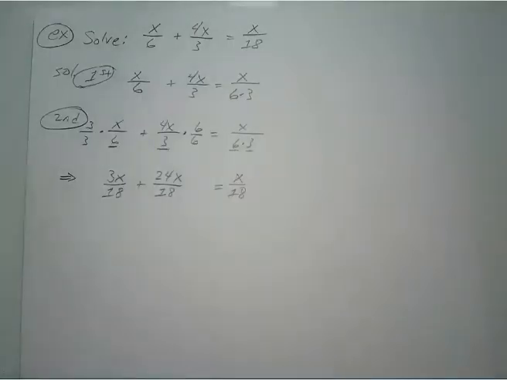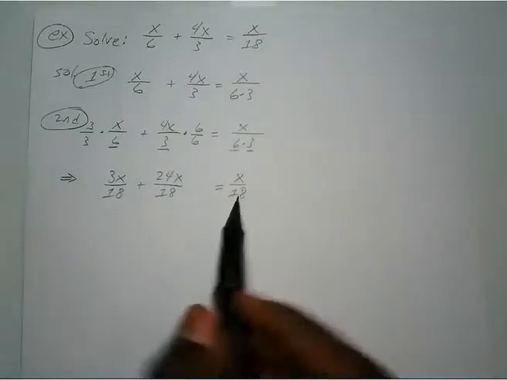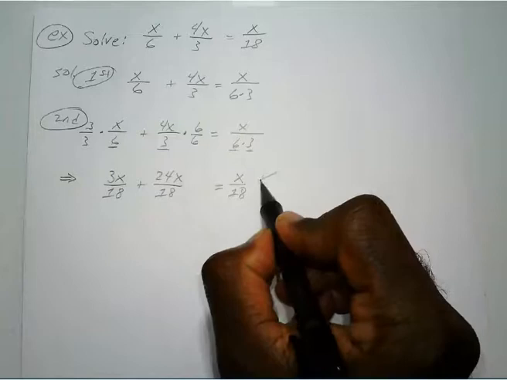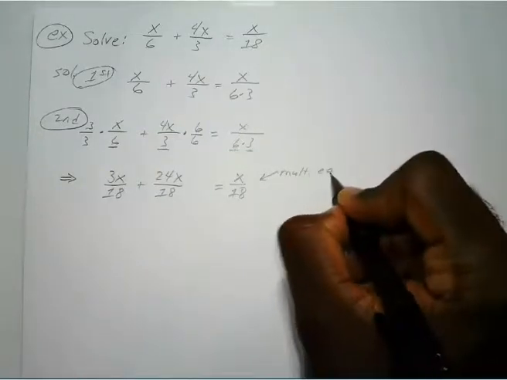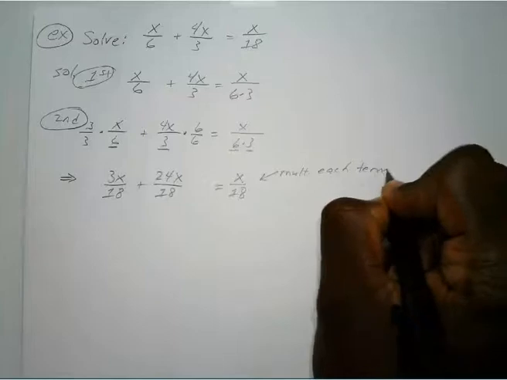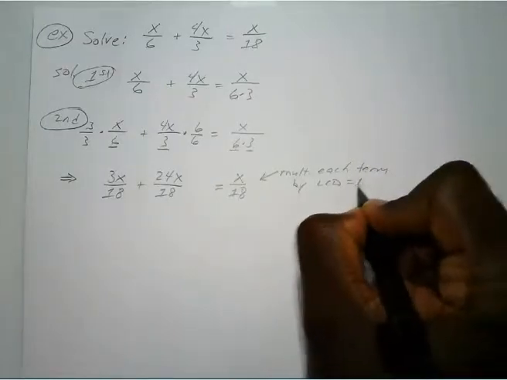The reason this is important is that as long as all of your denominators are the same, you just multiply each term by that denominator, which in this case is 18.